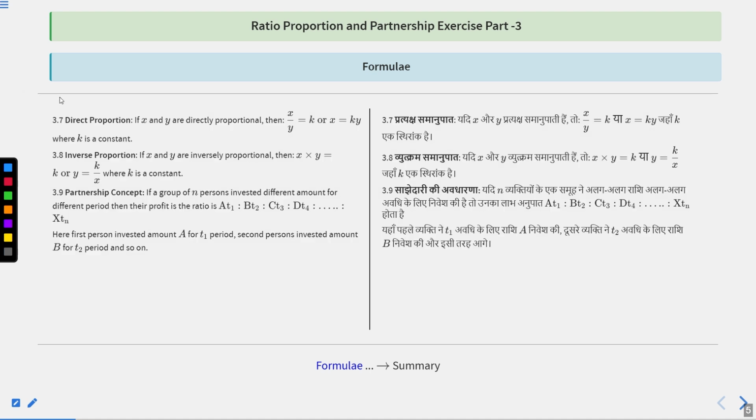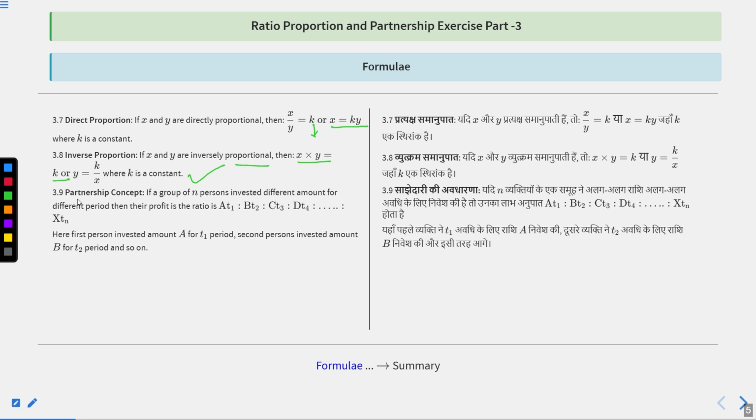Direct proportion: if X and Y are directly proportional, then X upon Y equals K, where K is a constant, so X equals K into Y. Clear? Inverse proportion: if X and Y are inversely proportional, then X into Y equals K, or Y equals K upon X, where K is a constant value.